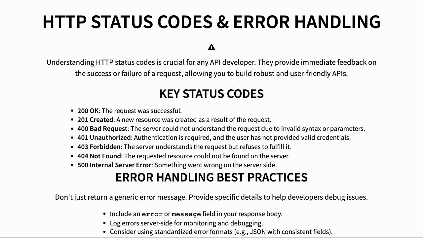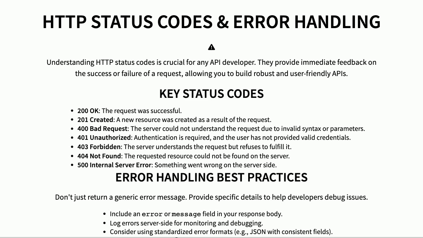Okay, let's talk about how an API communicates success and failure. HTTP status codes are like a little report card for every request your API receives. A 200 OK means everything's great. The server understood what you asked for and did it perfectly. Numbers in the 200s usually indicate successful creation or retrieval. Now, if you see something like 400 Bad Request, that tells you there's a problem with your request. Maybe you missed a required field or sent some data in the wrong format.